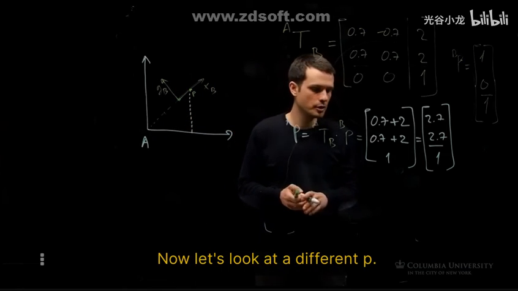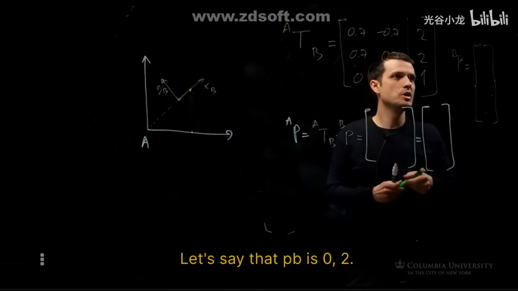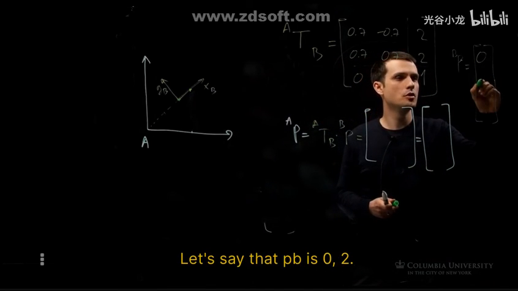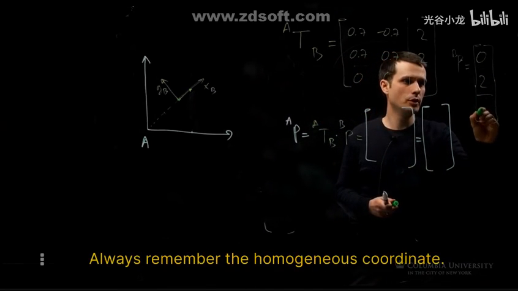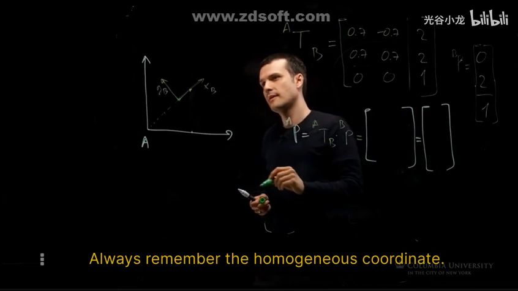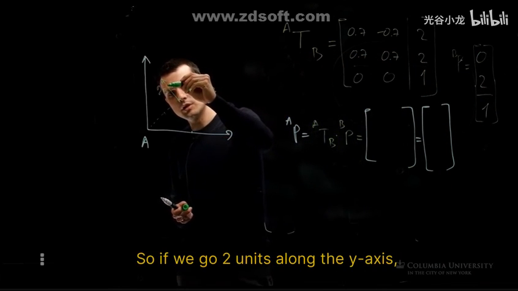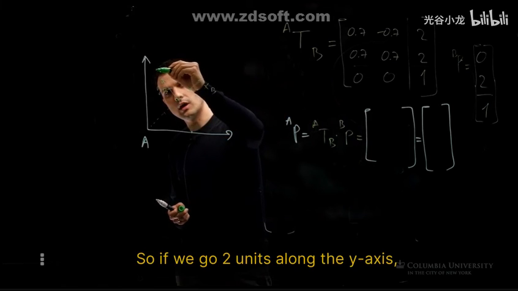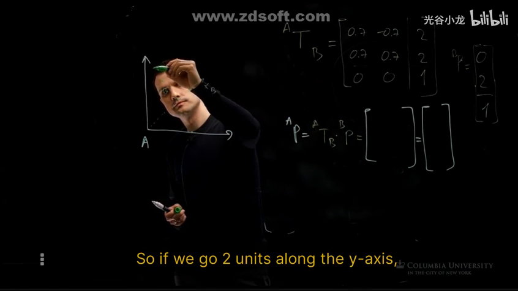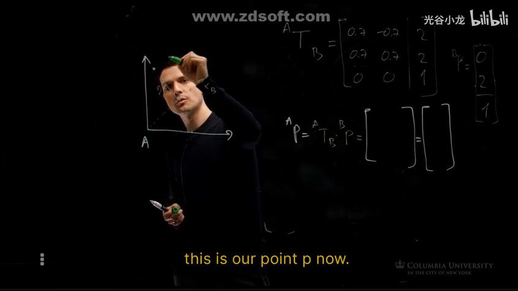Now, let's look at a different P. Let's say that PB is 0, 2. Always remember the homogeneous coordinate. So if we go 2 units along the y-axis, this is our point P now.